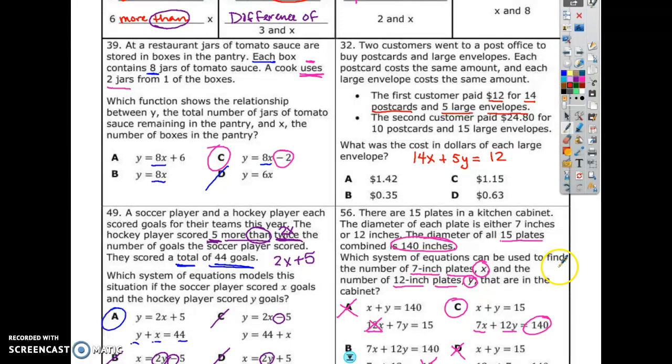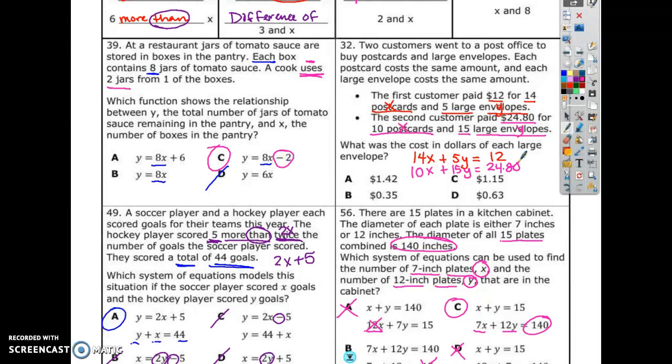I'm going to say that the postcards is my X and the envelopes is my Y. So then the next equation, the second customer paid $24.80 for 10 postcards, that's X, and 15 large envelopes, that's Y. So 10X plus 15Y equals the total, which is $24.80.